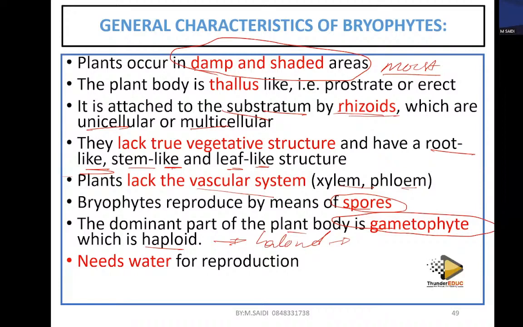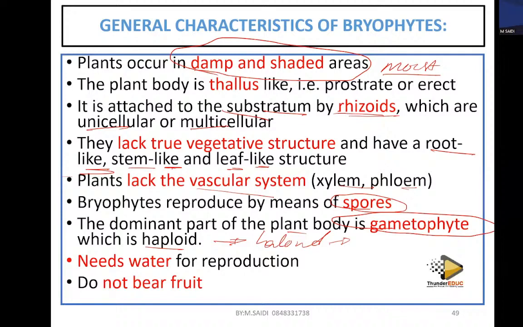So it requires water for reproduction so that the male and female gametes can swim, and then fertilization can take place. These plants don't have fruits. They don't bear fruits. It means that they are non-fruit plants.